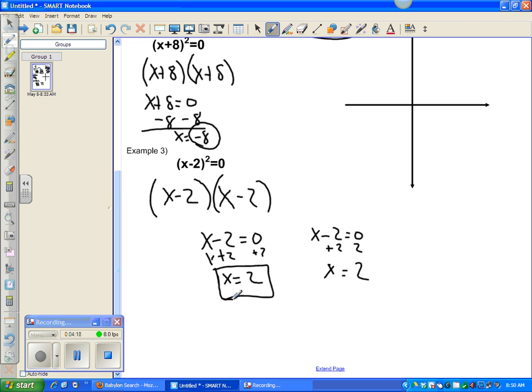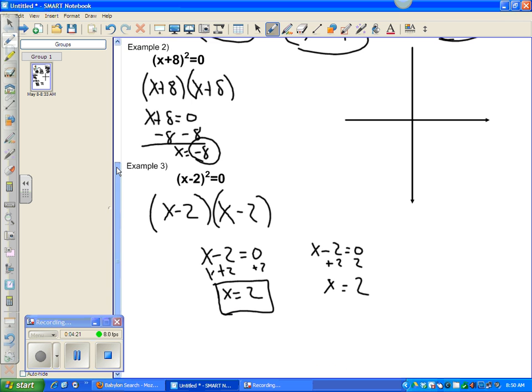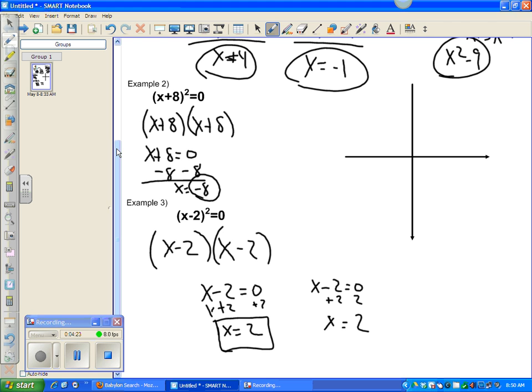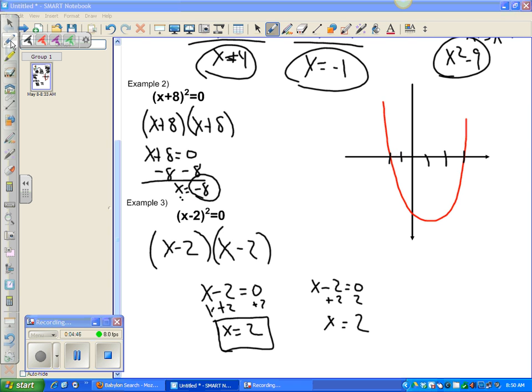So the question is, what does this really mean? What this means is that if we look at a parabola, because we've been speaking about parabolas, I'm going to change my color here. If you have a parabola that crosses the x-axis, and in this case, let's say this parabola crosses the x-axis at negative 2 and 3, the solutions, or the x's, are here and here, where x is equal to a negative 2 and x is equal to a 3.